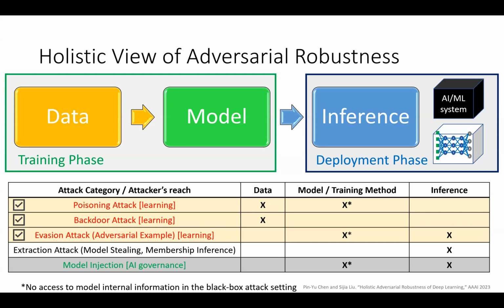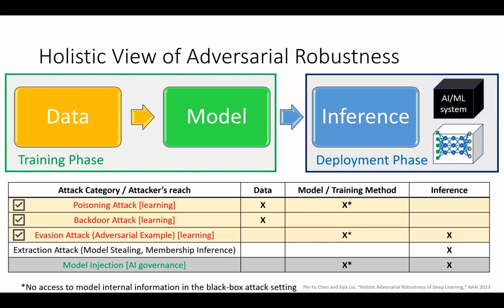Depending on what could go wrong, or what our assumption is about what attackers can do in the AI lifecycle, there are correspondingly different types and categories of adversarial attacks. For example, training phase attacks basically assume attackers have the ability to manipulate part of the training data and know some of the training method or model.